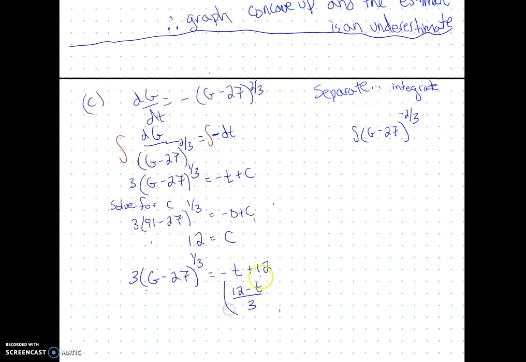We're going to put both sides to the 3rd power, and then we're going to add 27. That's what my g of t is equal to. And we did that between 0 and 10. When t is less than 10, that's what our g of t is equal to.